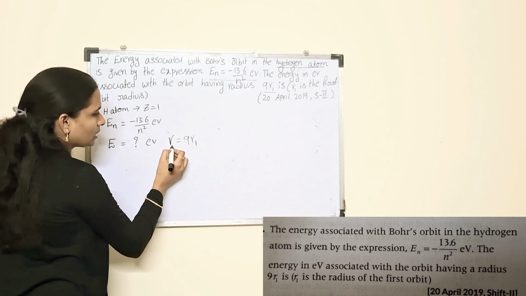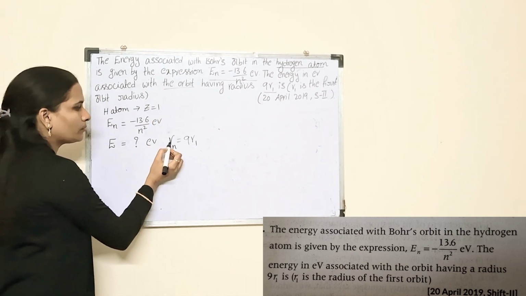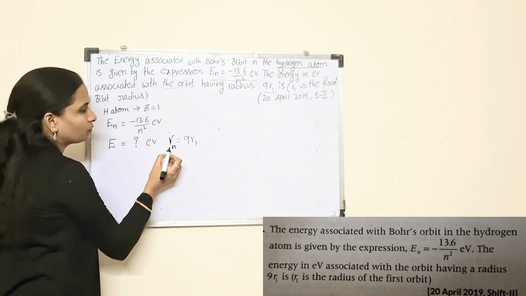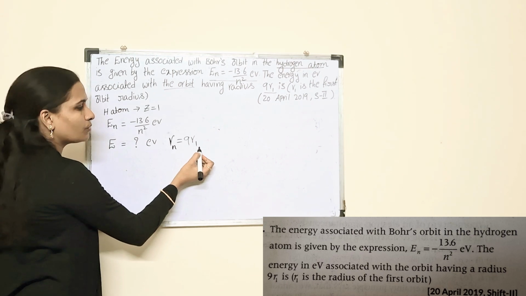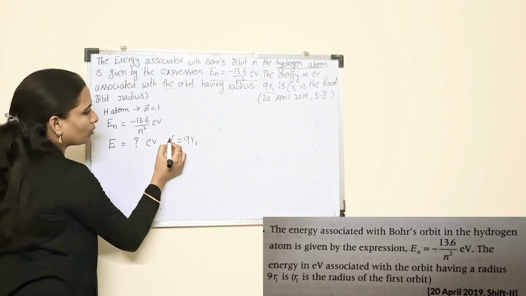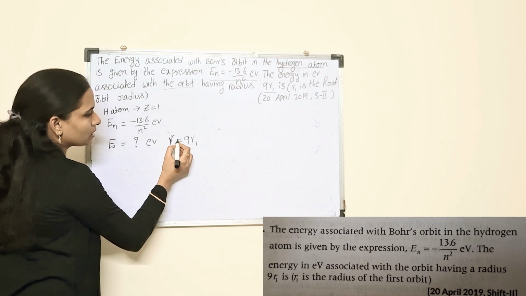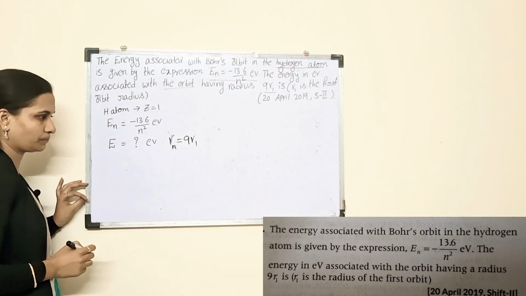Which orbit it is, we don't know, so we take it as the nth orbit with radius Rn. The radius of the nth orbit is given as 9 times the radius of the first orbit, r1.